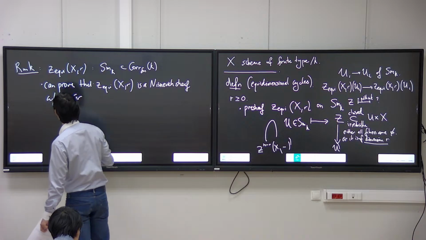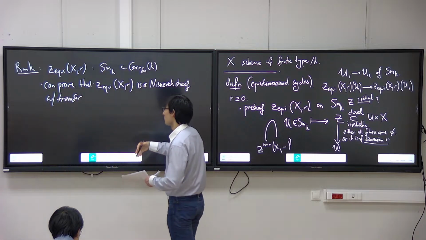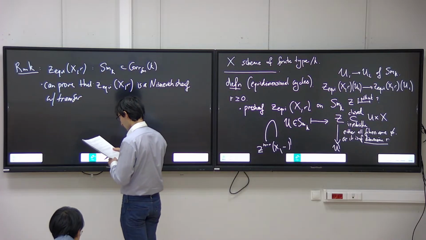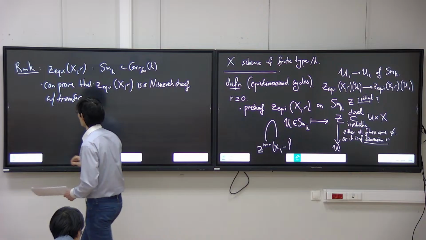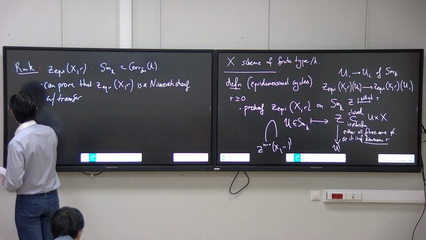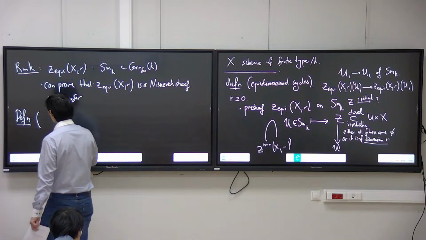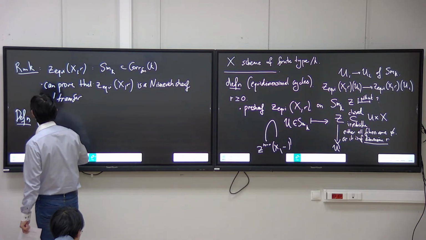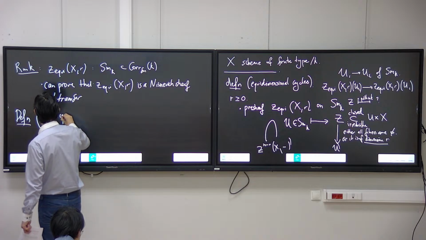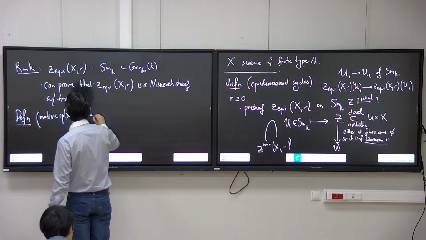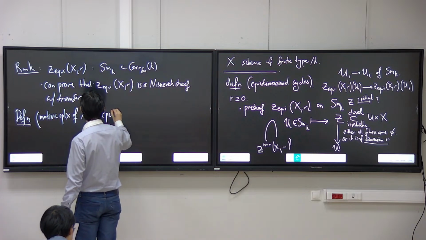So in particular, we can apply the Suslin complex to it and things like this. And that's exactly what I want to do now. Definition: I'm going to call this the motivic complex of X with compact support. I will explain why in a second.